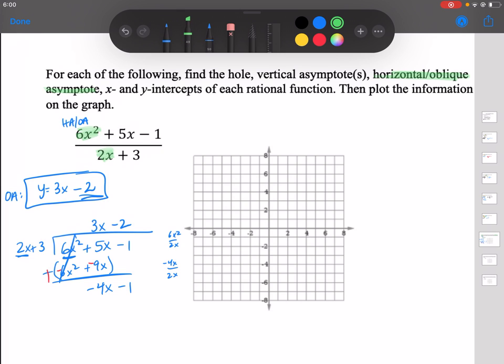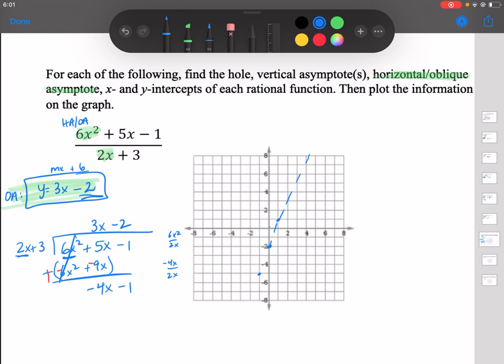So let's go ahead and graph that. The way we graph that is just in the form y equals mx plus b. So I'm going to go down to negative 2 on the y-axis, and then my slope is up 3 over 1. Or you could go down 3 left 1, however you want to do that.